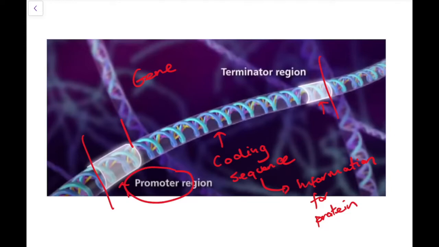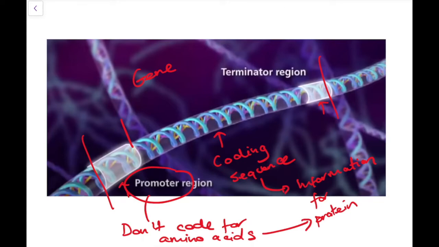So a gene is this section, and at the start of every gene there are promoters, but the promoter and the terminator, these don't code for amino acids, and it's amino acids which would make up protein. So they don't code for that. And what they are, the promoter says start here.